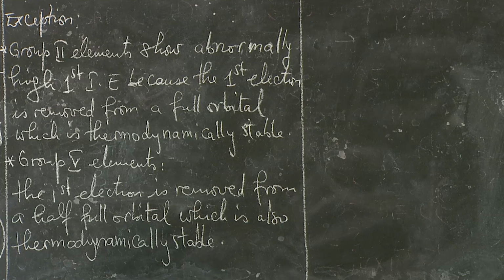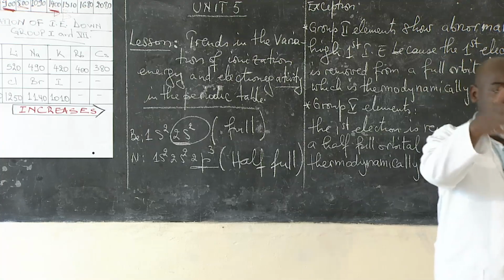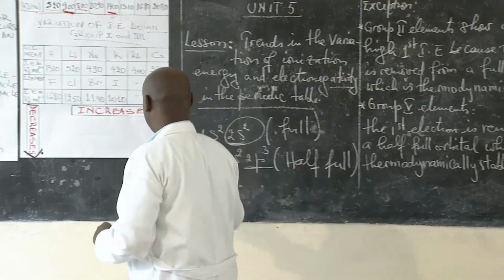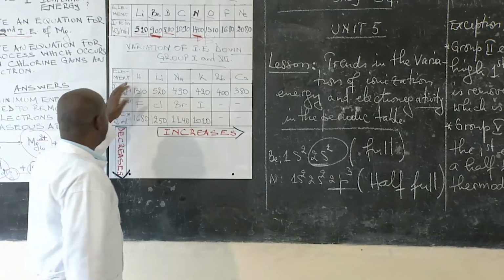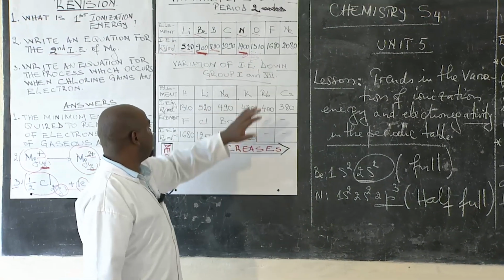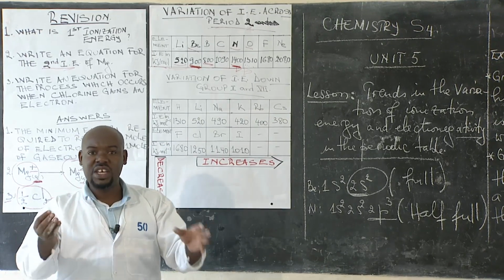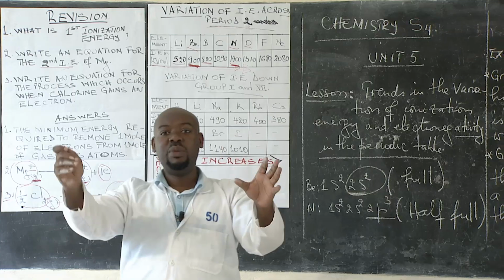So let us now have a look at what happens when we move down in a given group. Let us use the data we have here. Here we have the ionization energies in group 1 and group 7 to compare what happens in metals and non-metals.